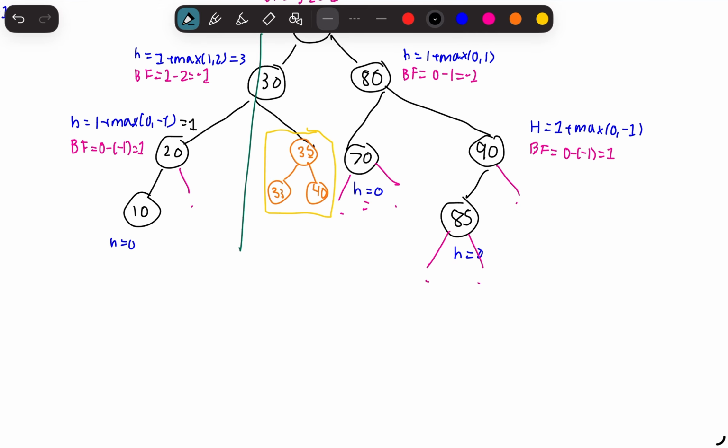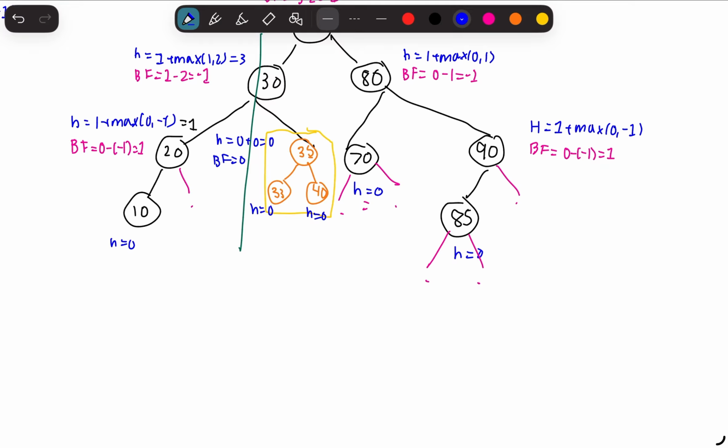So 35's balance factor and height. For the leaves, balance and height are still 0.